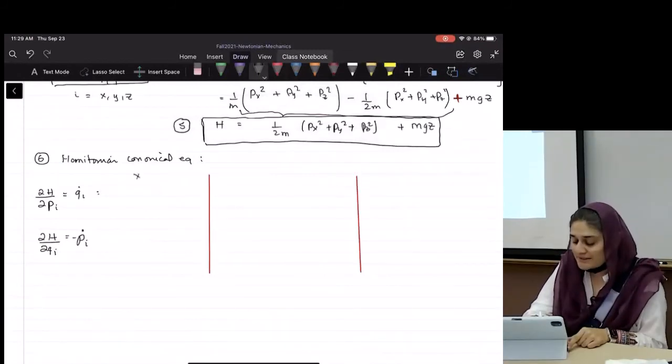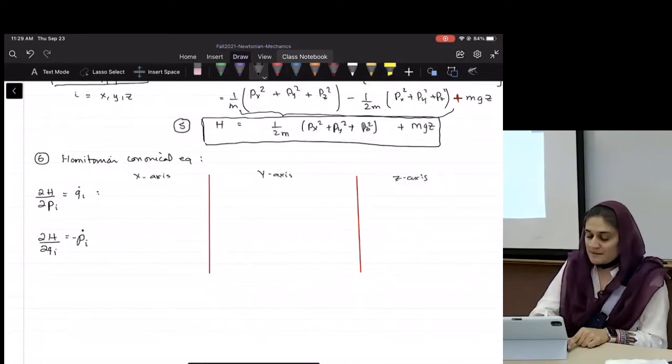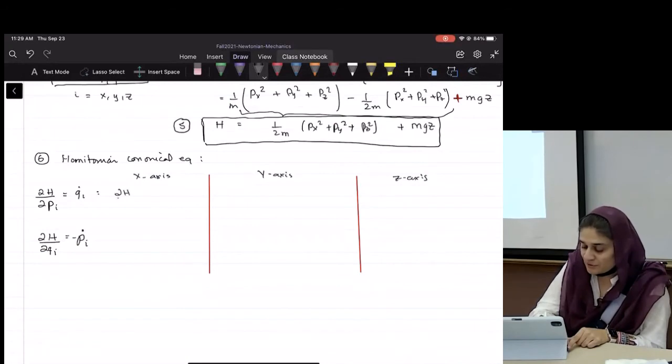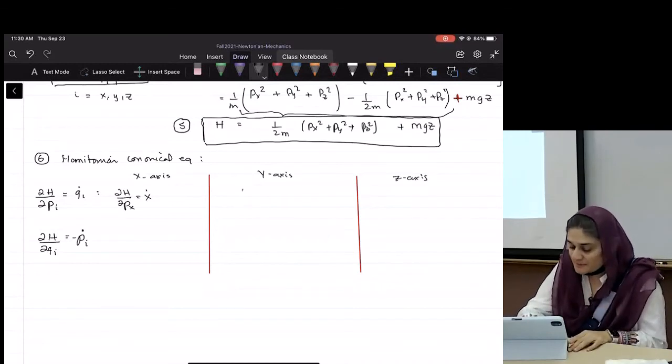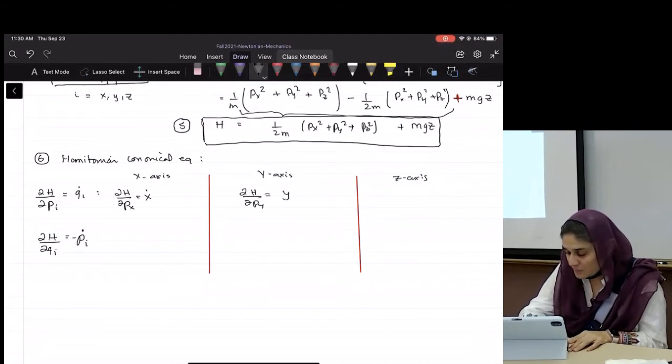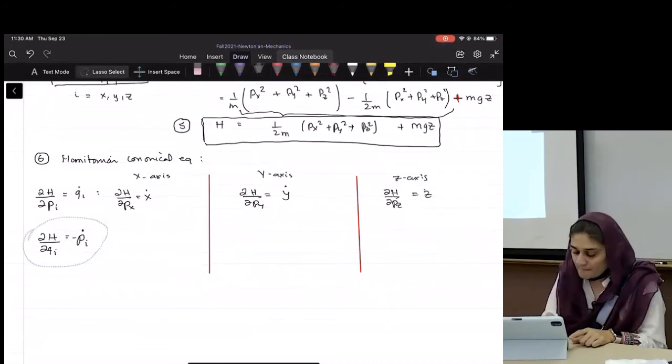So along the x-axis, along the y-axis, and along the z-axis, this will be partial h over partial px equals x dot. This will be partial h over partial py equals y dot. And this will be partial h over partial pz equals z dot.